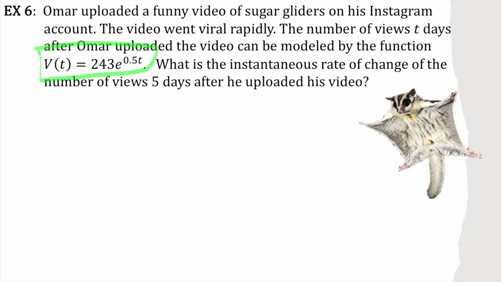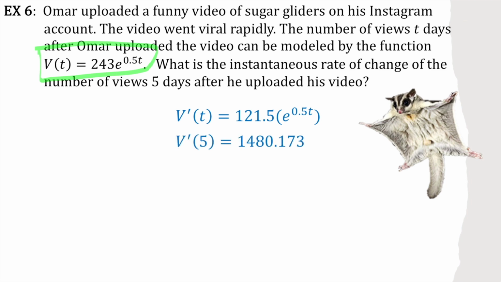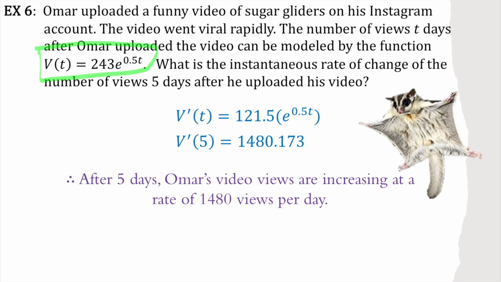What is the instantaneous rate of change of the number of views 5 days after he uploaded the video? Right? If we're doing instantaneous rate of change, you need the derivative. And if we want to know the derivative at 5, you plug in 5. 1,480, what does that actually mean? Remember, this is a rate. After 5 days, Omar's video views are increasing at a rate of 1,480 views per day. That's pretty good.